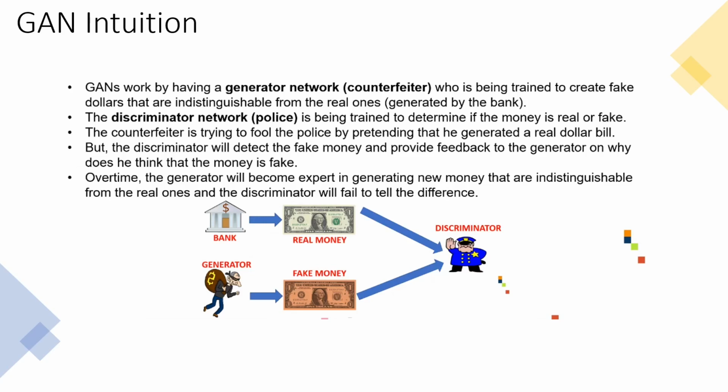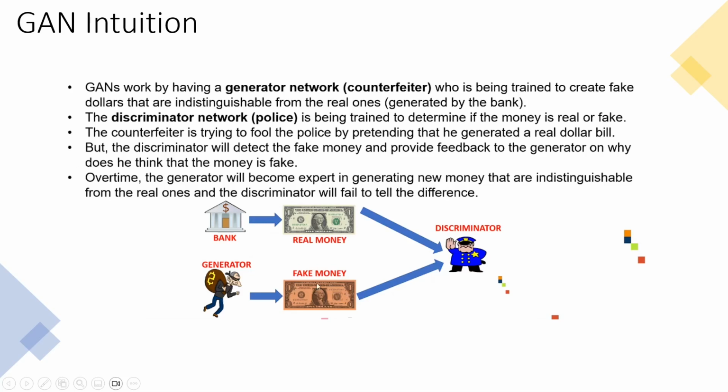So over time, the generator will become expert in generating new money that is indistinguishable from the real ones, and the discriminator will fail to tell the difference because it's going to be almost perfect. So the discriminator will not be able to tell if the money is real or fake.